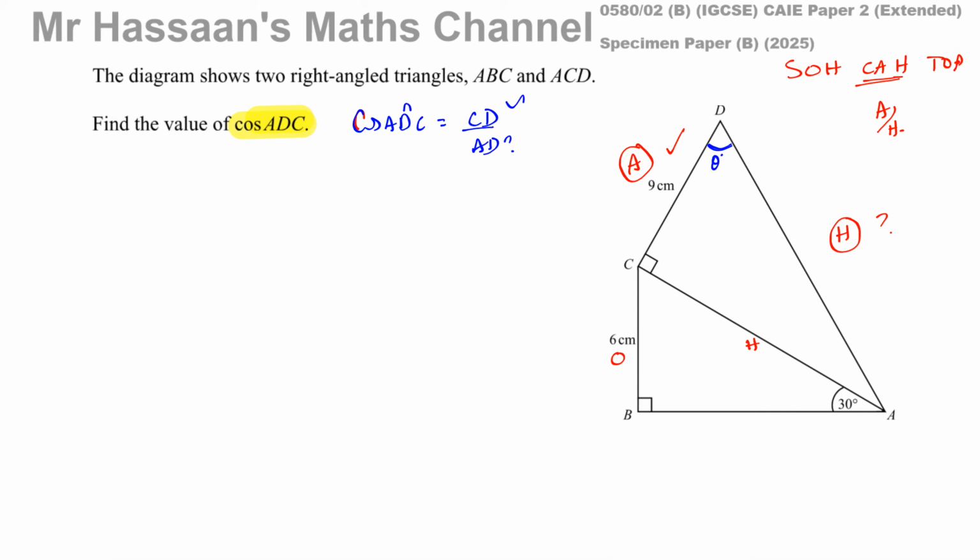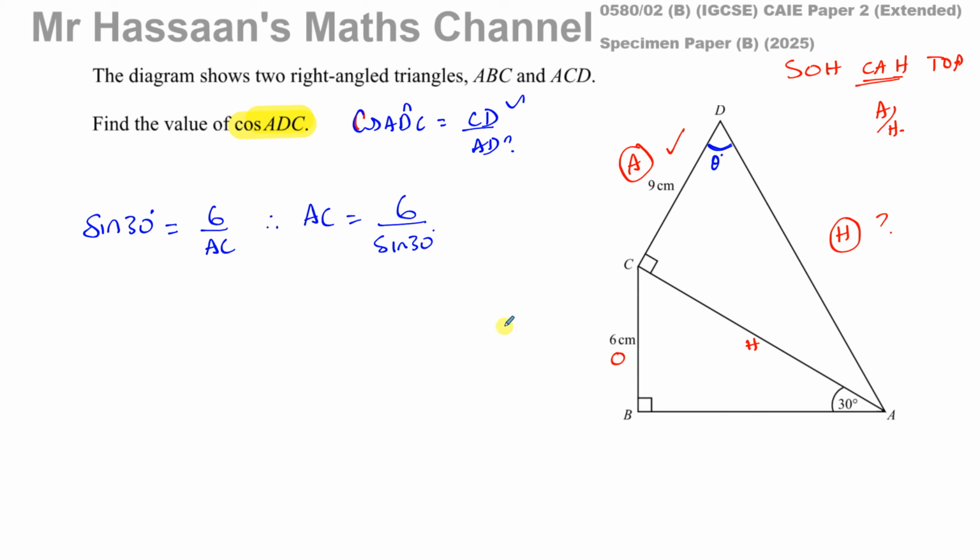But remember, we have a non-calculator paper here. So here we can say that the sine of angle 30 degrees is equal to 6 over AC, which we're trying to find. Which means AC is equal to 6 divided by sine of 30.